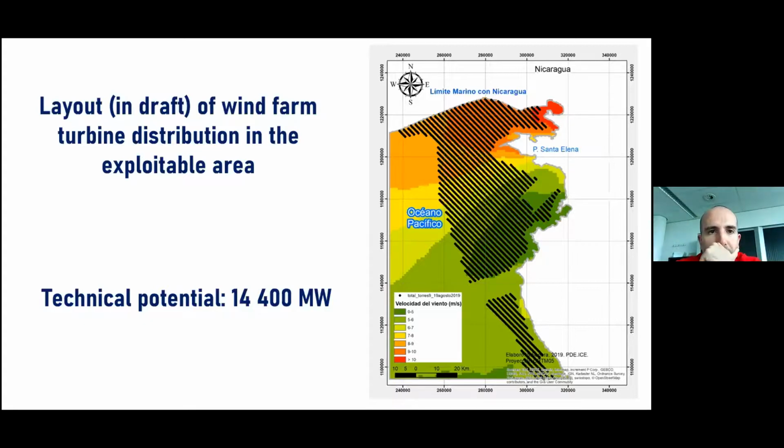This is a draft. Of course, colleagues, it is not definitive. These are many things we are planning, thinking, and taking decisions about, as Costa Rica moves into the offshore wind development market, developing industries.